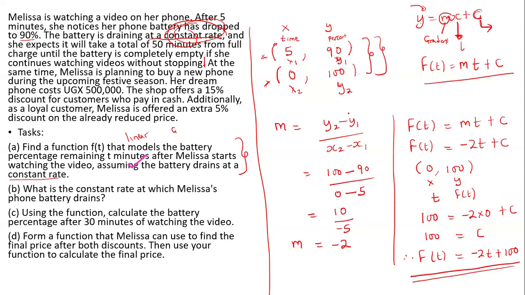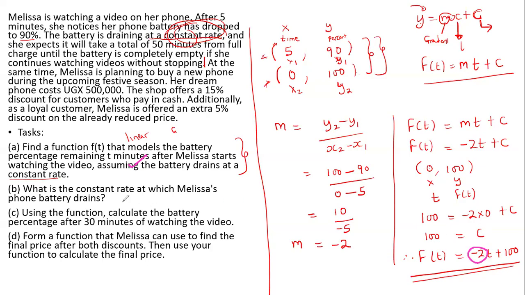The constant rate. So from the chart, for part B, the constant rate is the gradient. The gradient is the one that gives us the constant rate, members.